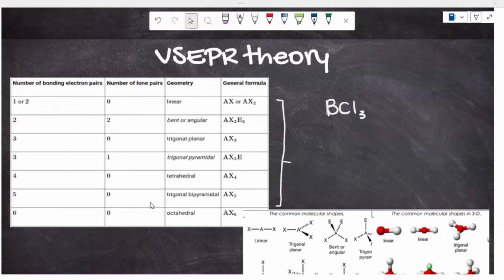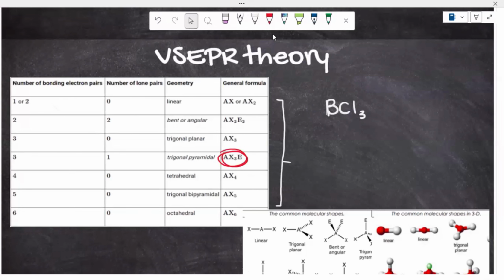Cool, thanks, Zinia. It would be trigonal planar, right? Yeah, that's where you gave the full answer, but let's go through it step by step. So we have trigonal planar for BCl3. We know that because our general formula matches with BCl3.